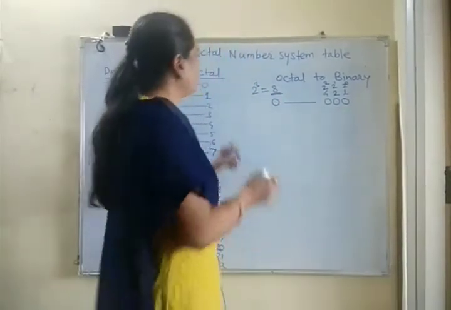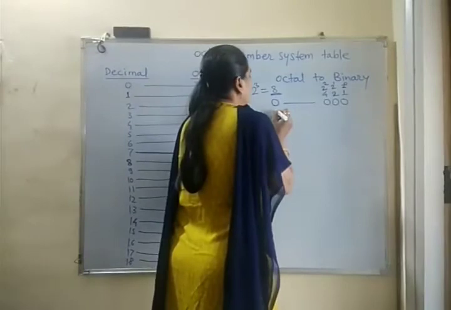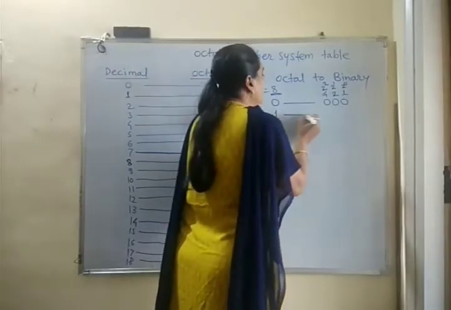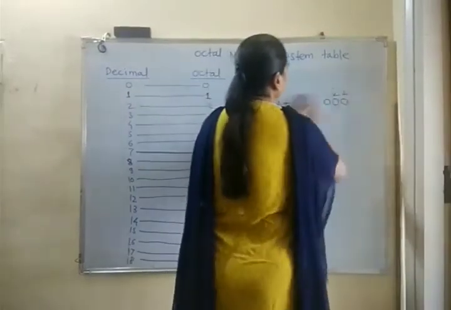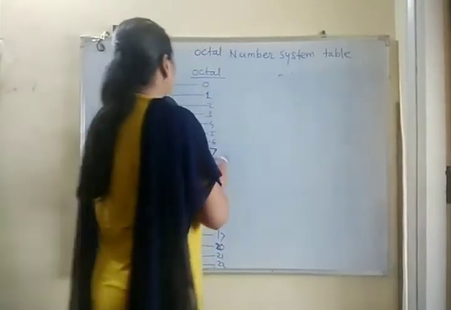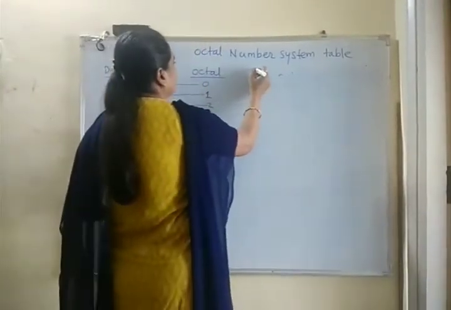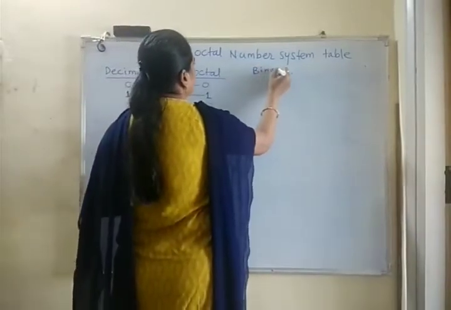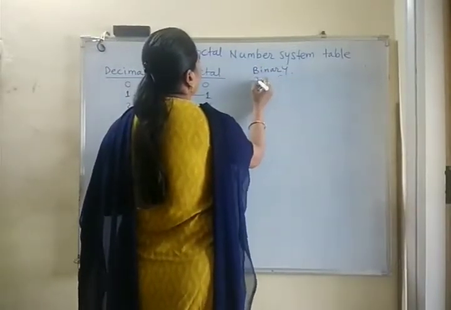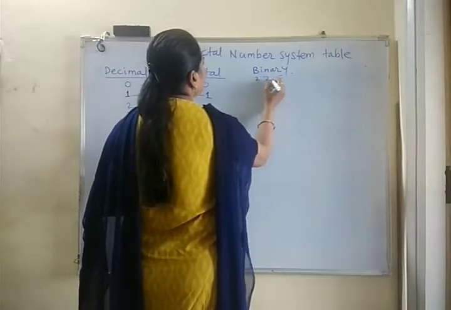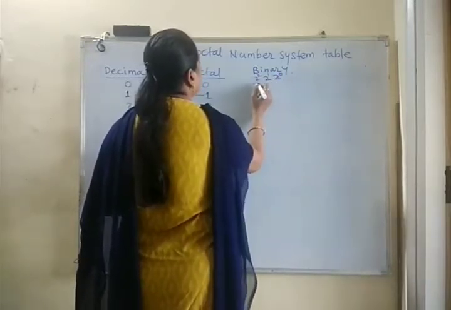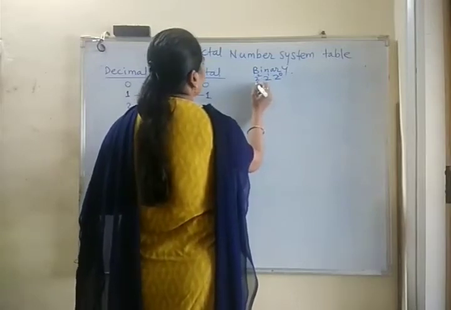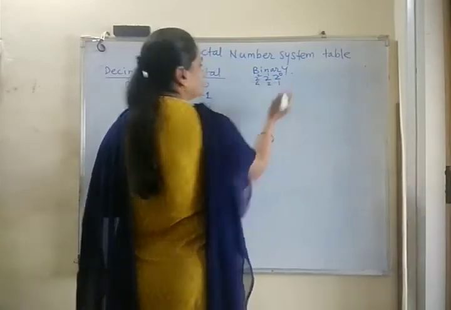Here, if I want to convert octal into binary format, I am taking another column, that is binary, and here I write the weightage 4, 2, 1, that is 2 raised to the power 2, 1, 0.